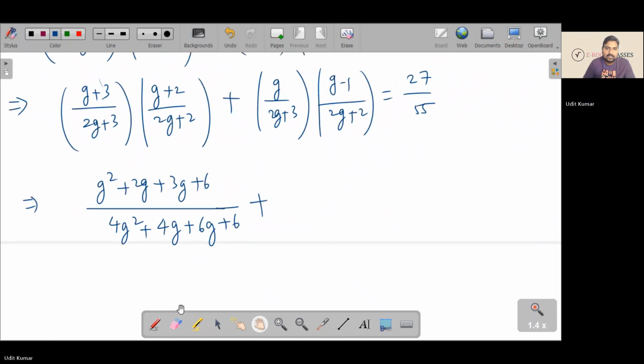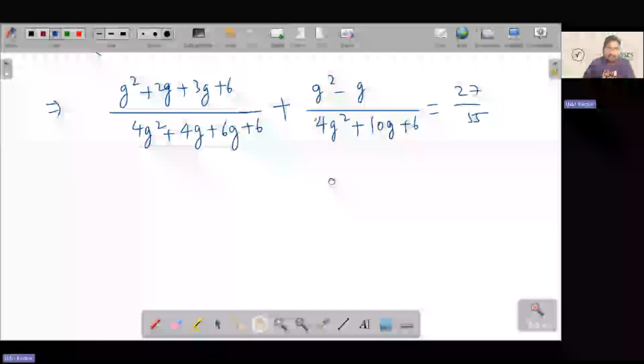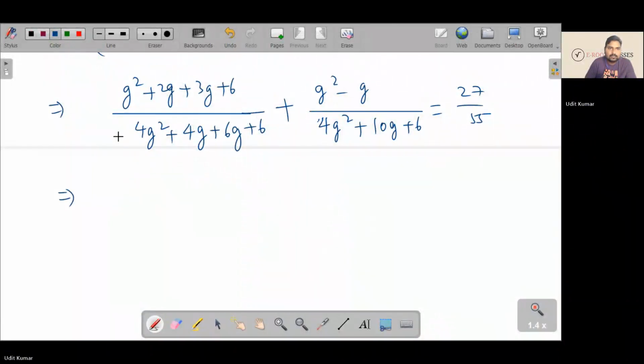Plus G times G squared minus G divided by the same thing, right? The denominators are same, so you can directly write 4G squared plus 4 plus 6, 10G plus 6. The same thing you have to write here also, which is going to be 27 by 55. Now we'll write this in the next line.